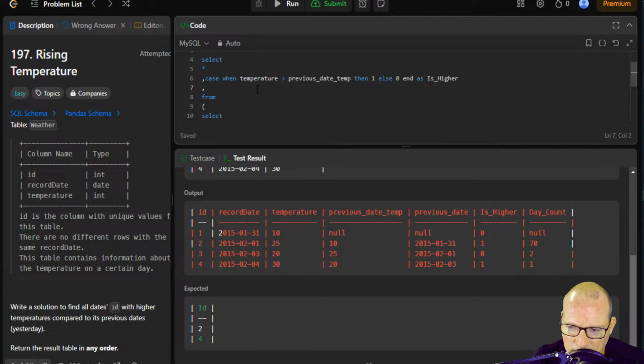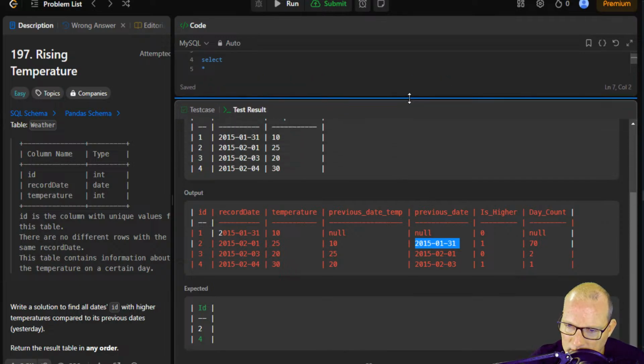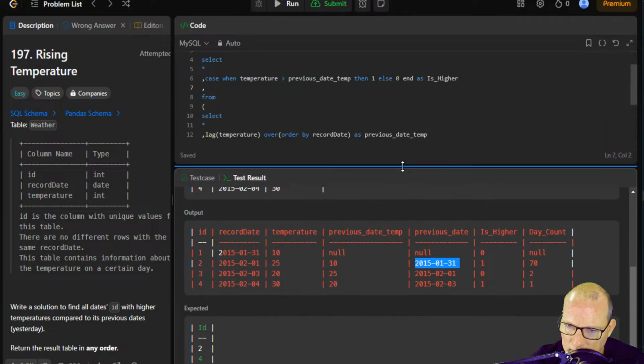And then if they're not equal, case, oh, wait a minute. Is higher, because I want to know what this is. And do I have a way? All right, hang on.